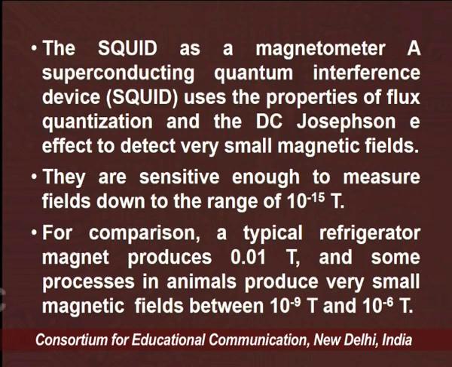So, they are sensitive enough to measure fields down to the range of 10 to the power minus 15 Tesla. For comparison, a typical refrigerator magnet produces 0.01 Tesla, and some processes it is used for 10 to the power minus 6.